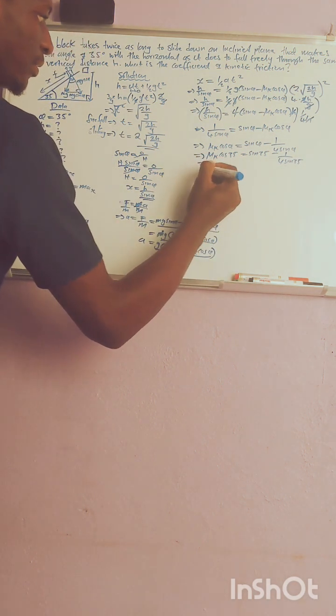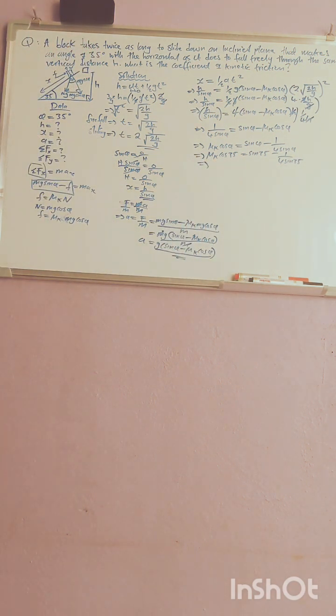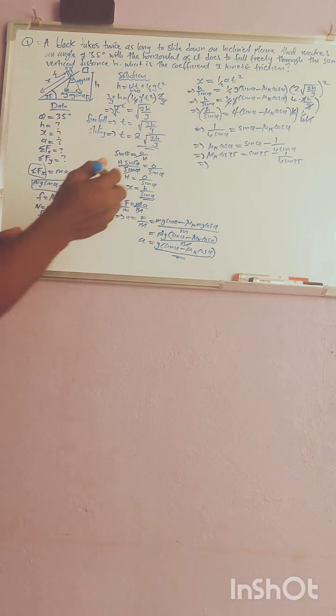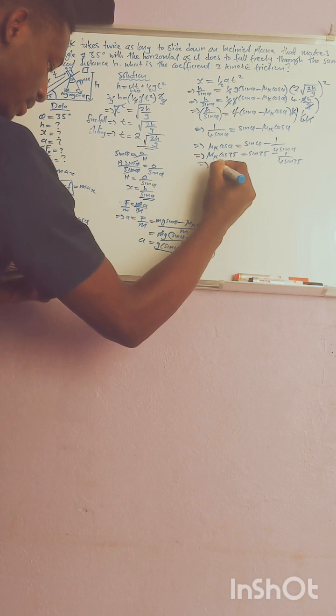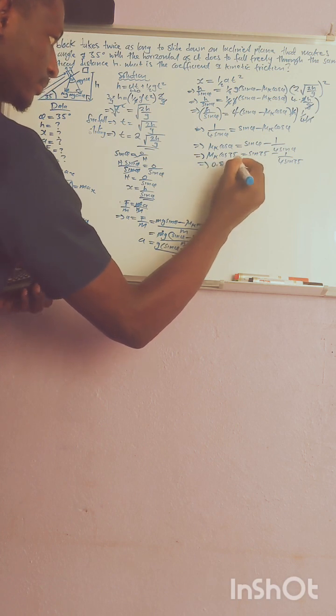So you can just calculate. What is cos 35? Cos 35 is equal to 0.819.